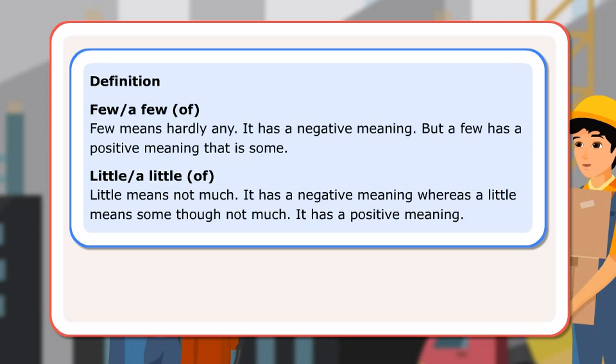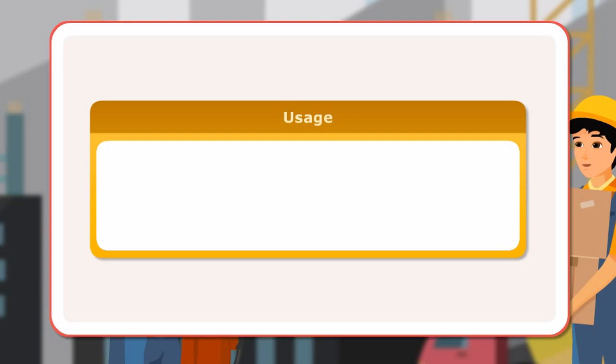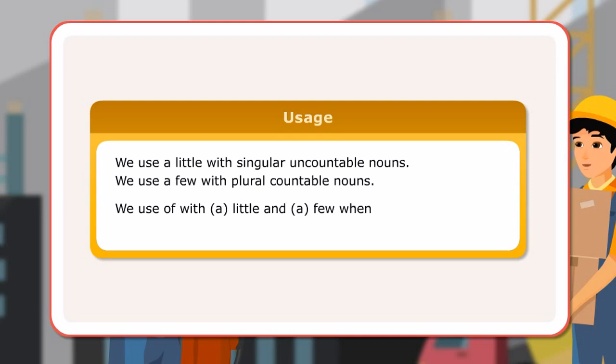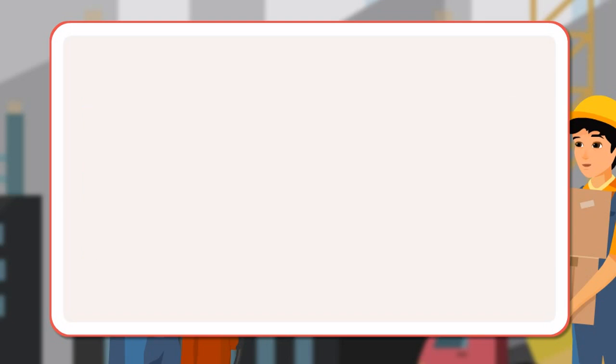It has a positive meaning. Usage: we use a little with singular uncountable nouns. We use a few with plural countable nouns. We use of with a little and a few when they come before articles, demonstratives, possessives, or pronouns. Let us look at a few examples.